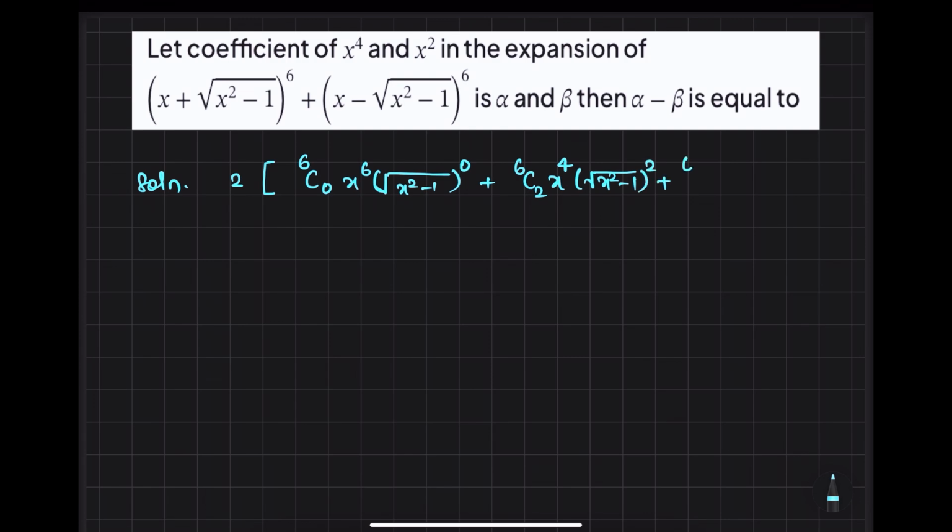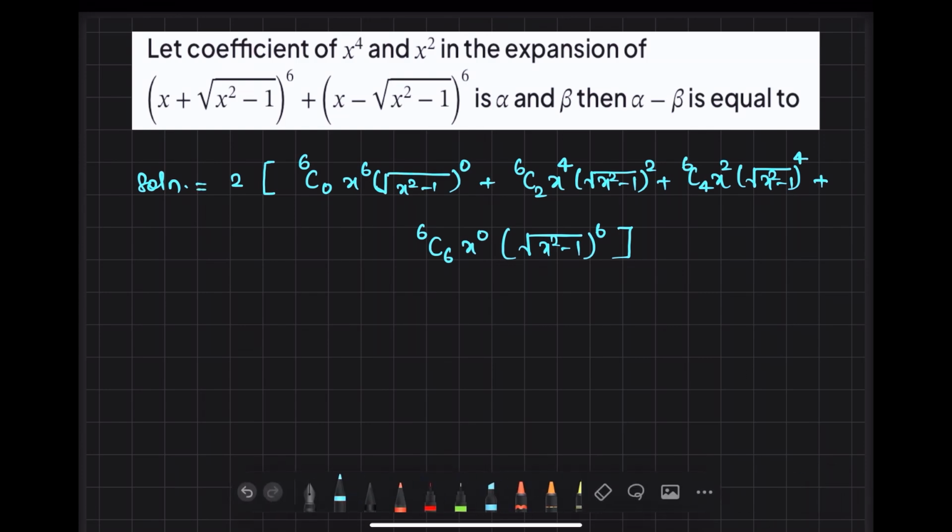Then 6c4 x power 2 and then root x square minus 1 power 4, plus 6c6 x power 0 root x square minus 1 power 6. Okay, so this is your first line after expansion.